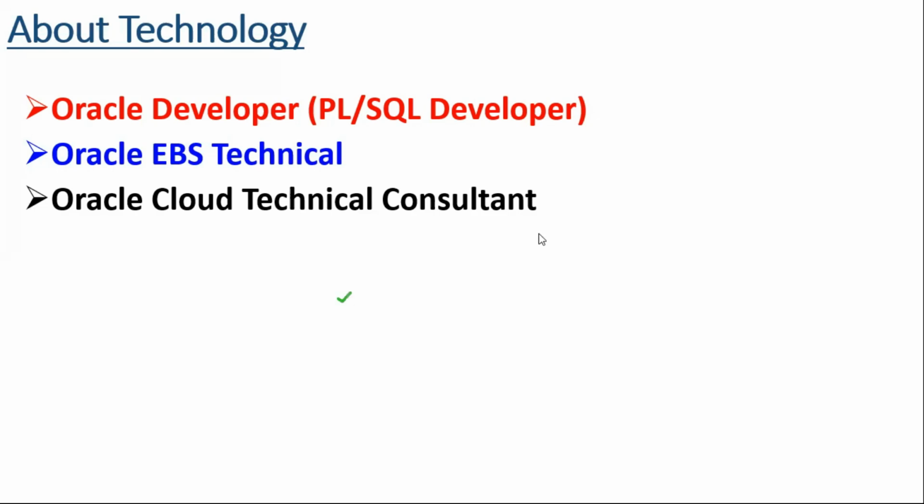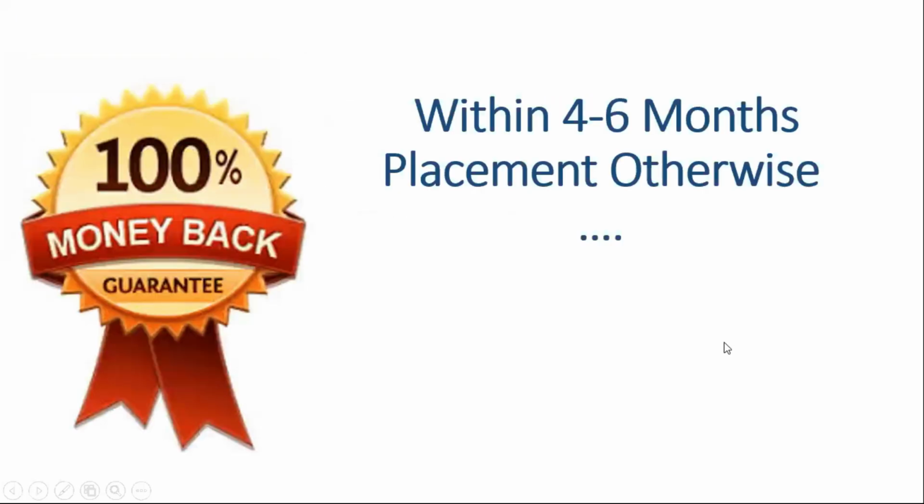As I said, if we look at the last part, the terms and conditions. We are here with 100% money back, whatever amount you paid, if we don't place you within 4 to 6 months.